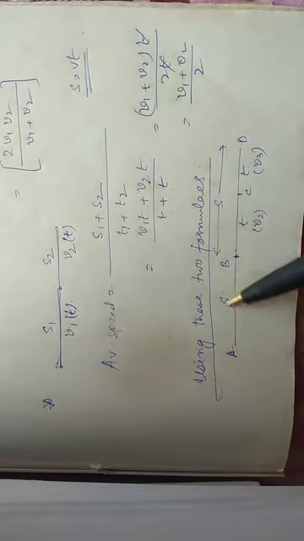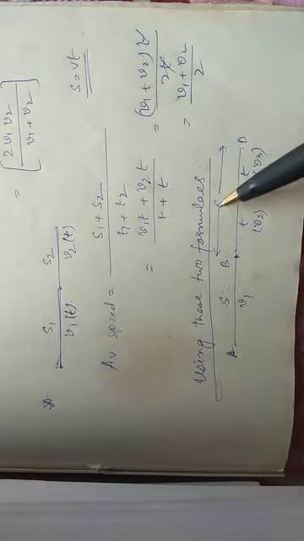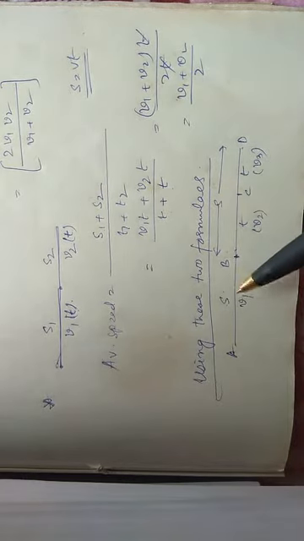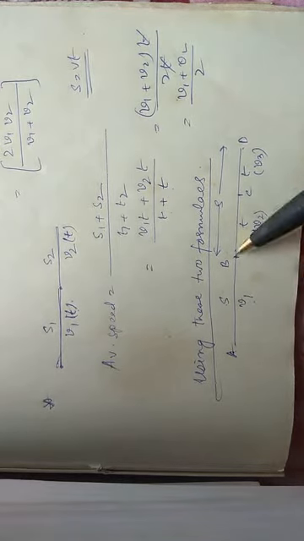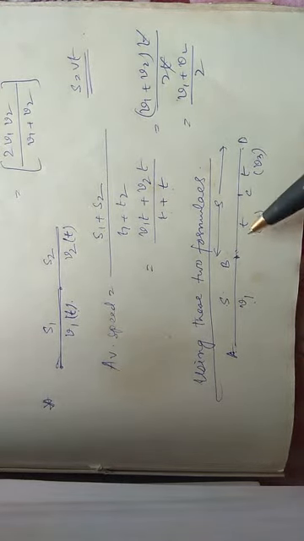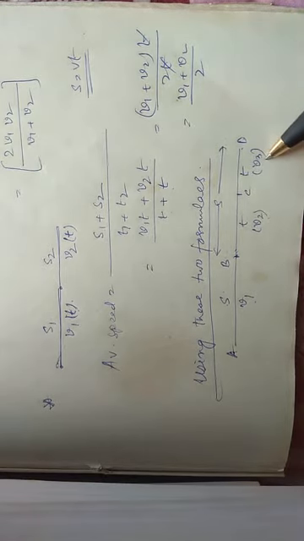A to B is s distance, B to D is also s distance. First part is covered with velocity v1, the second part is divided into two parts of equal time. First part is covered with velocity v2 and second part velocity v3.